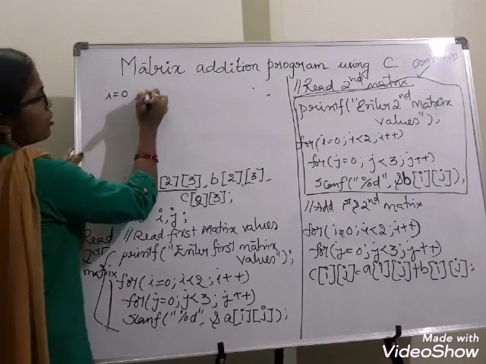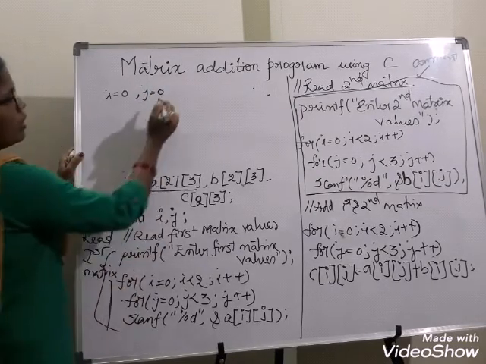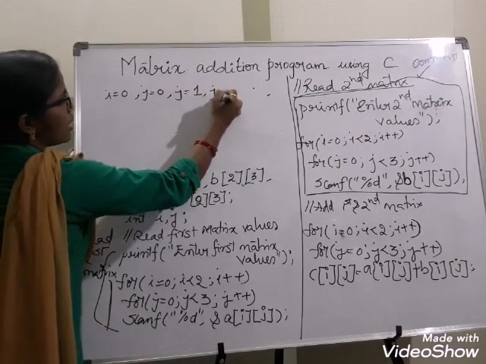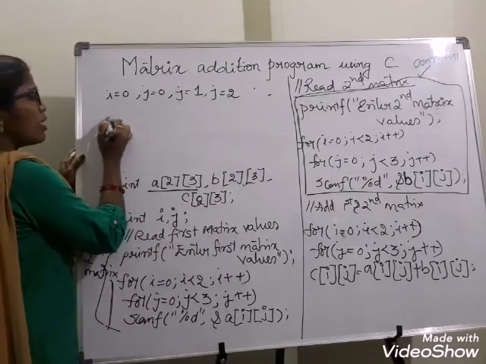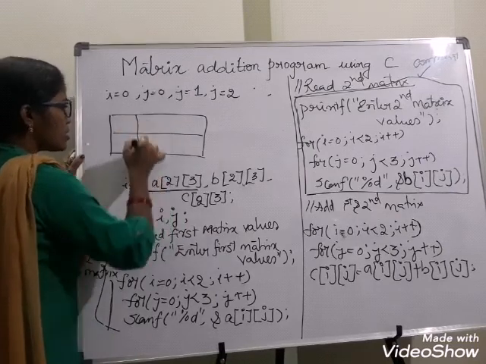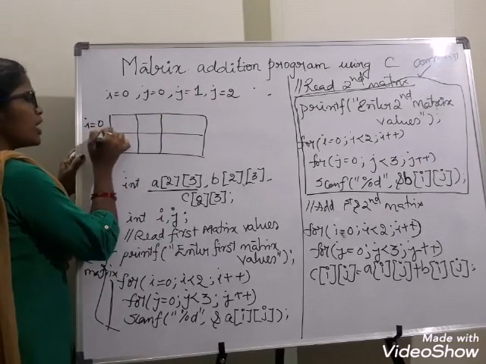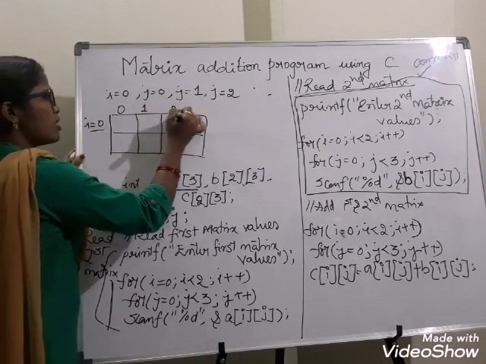You are performing j equals to 0 inside the loop, and you are performing j equals to 1 as well as j equals to 2. So that means, if you have a matrix like this, A matrix, at i equals to 0, you are doing j equals to 0, j1, j2.